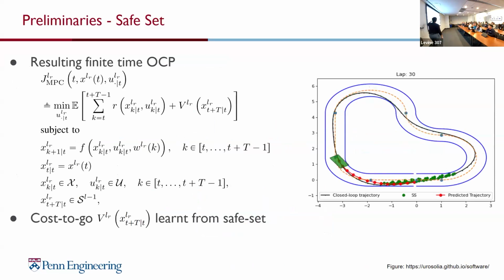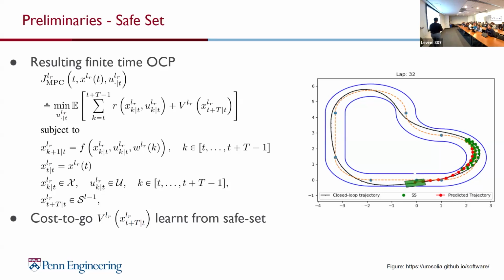Now we want to minimize the expected return of the running cost over the horizon plus the terminal cost, subject to the stochastic nonlinear dynamics, starting from some initial state, satisfying the state constraints over the horizon and control constraints, while at the same time the terminal state should end in that safe set, so that whenever we finish that horizon, we can always stay in that safe set until the end of the finish line, and then we can ensure that we satisfy the constraints up to the end of the task.